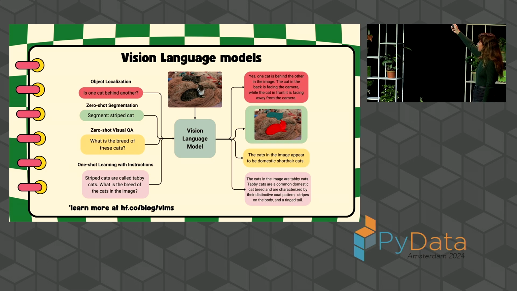It can do zero-shot segmentation. As you can see here, I input image and say segment striped cat, and I can get this output. It can do visual question answering and one-shot learning, which is like in-context learning in a way, or like one-shot prompting with instructions, and then I get these outputs.